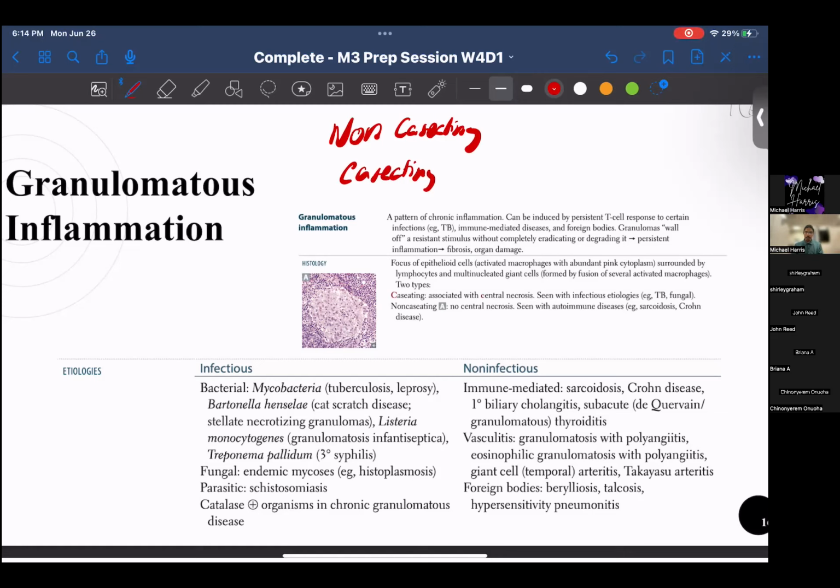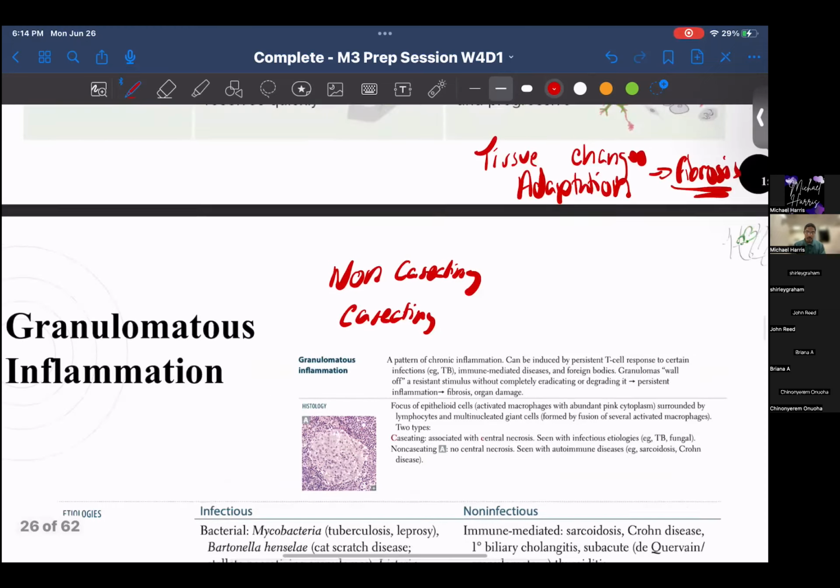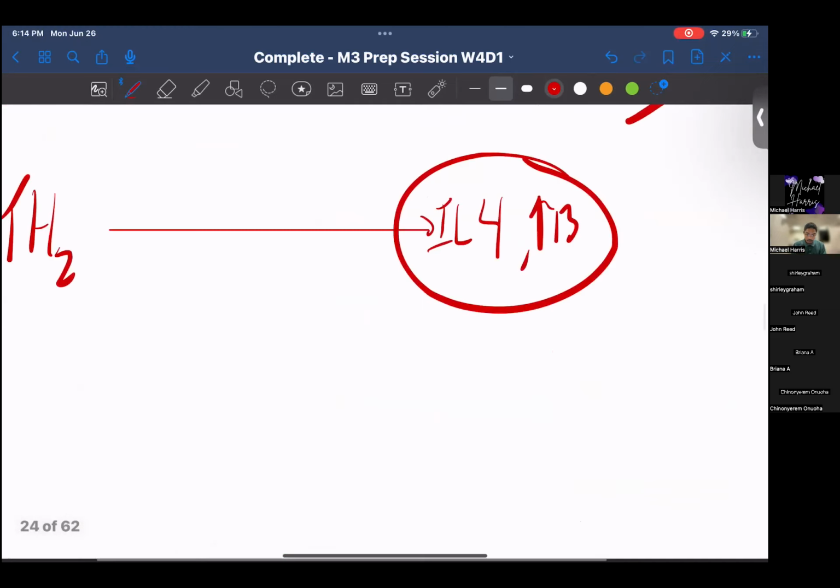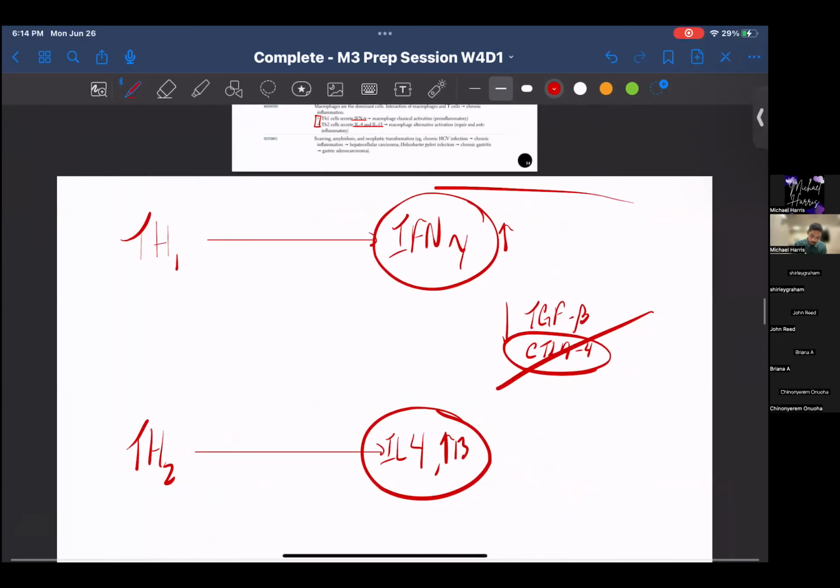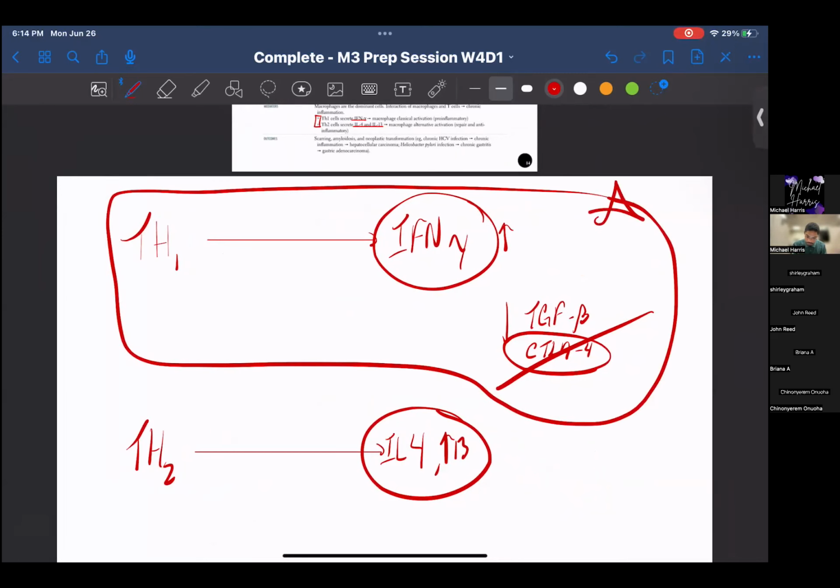Now, this presentation with non-caseating versus caseating granulomas, they come about because of this.